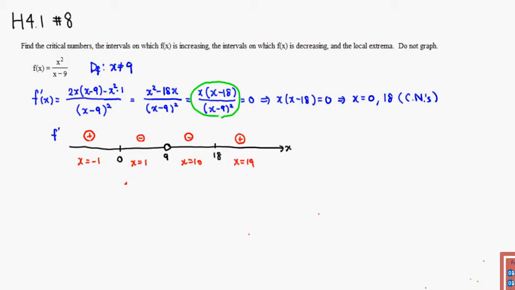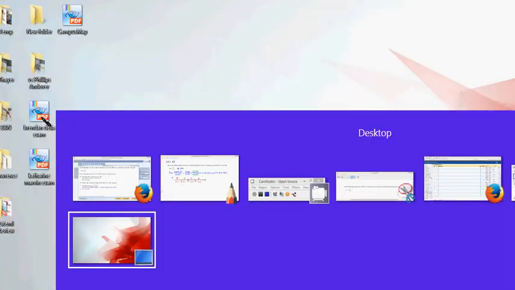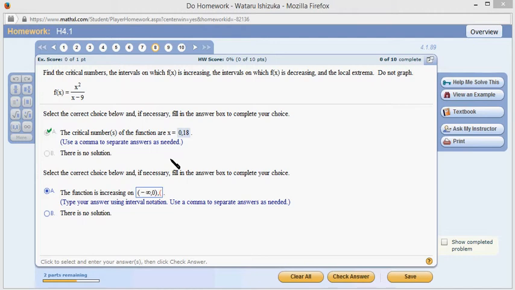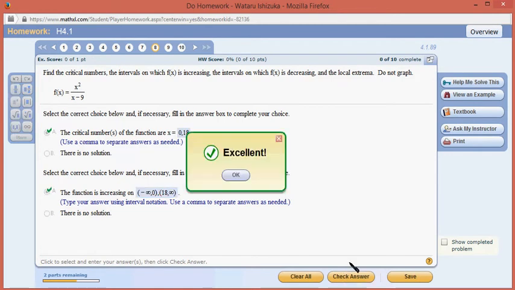So let's type it in. Increasing on negative infinity to 0, and here, 18 and up. Check the answer.